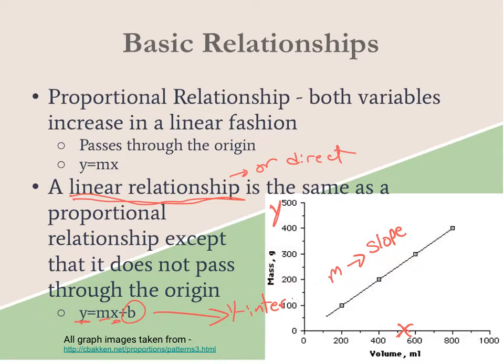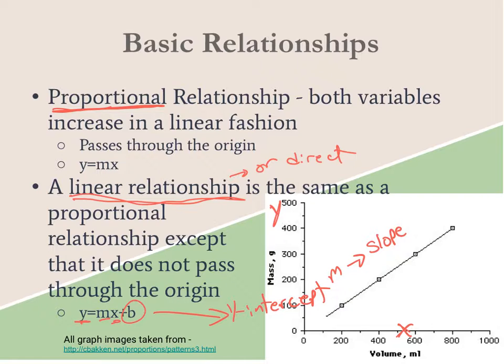So this is our general equation for a line, and we are going to use this particular equation probably more than any other this year. This is going to be our most common equation that we keep coming back to, or that we move things into. Now, we have another relationship on here, the proportional relationship. The proportional relationship is a specific linear relationship.